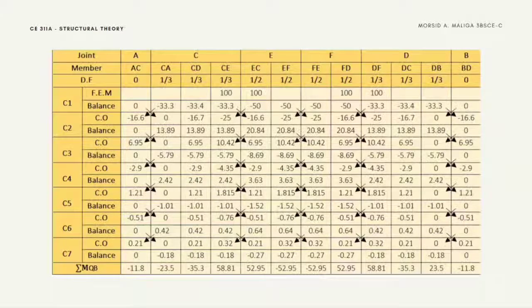Since na-solve din natin kanina na only the members CE, EC, FD, and DF are the only members na merong fixed end moment. So, ayan siya. Since it is all positive.